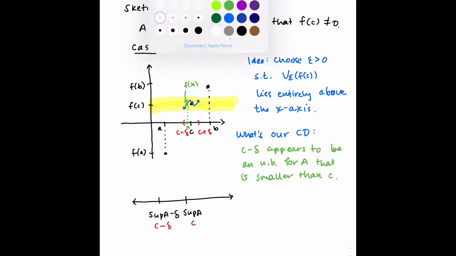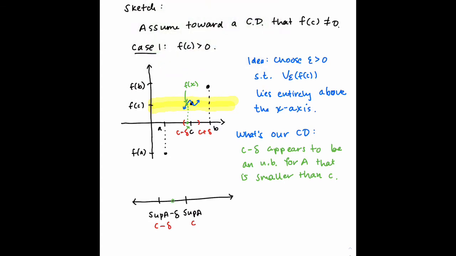I'm supposed to be able to get an x value in this neighborhood such that x is in A. Because remember, this number C minus delta is not an upper bound for A because it's smaller. It's not allowed to be. The sup is the least upper bound.